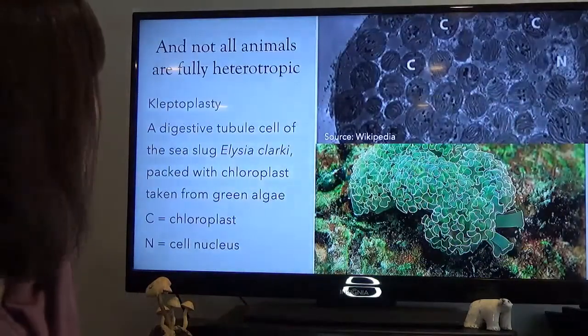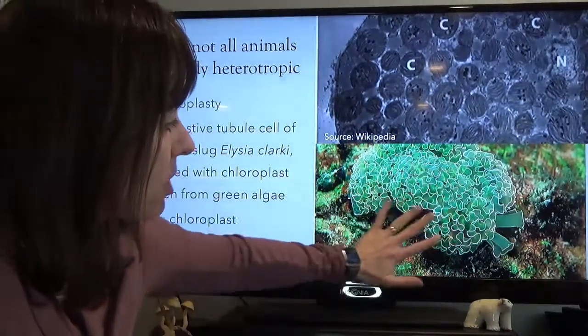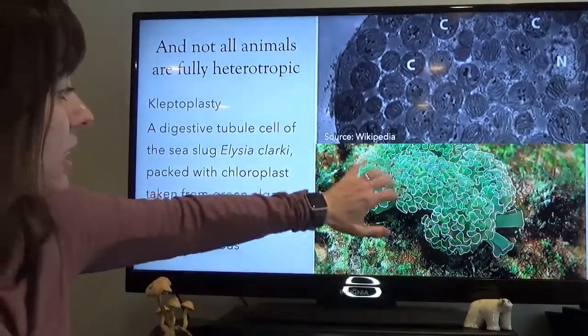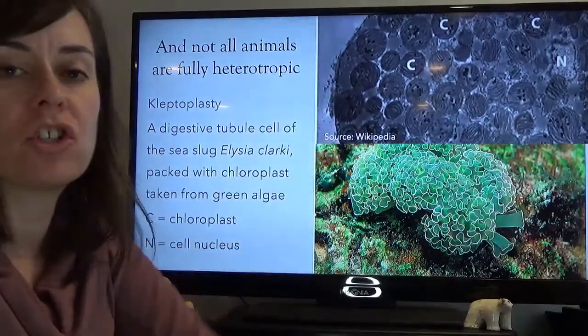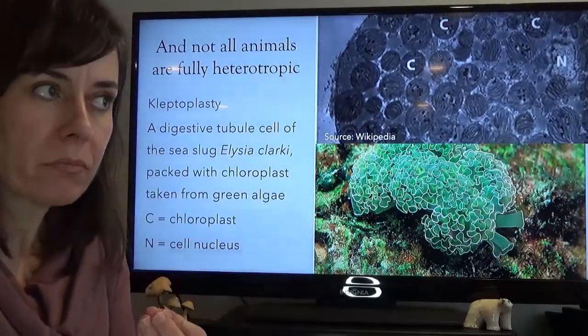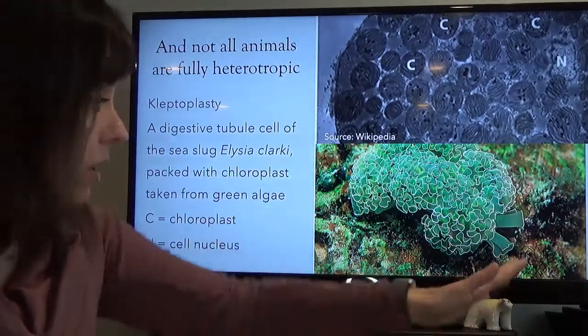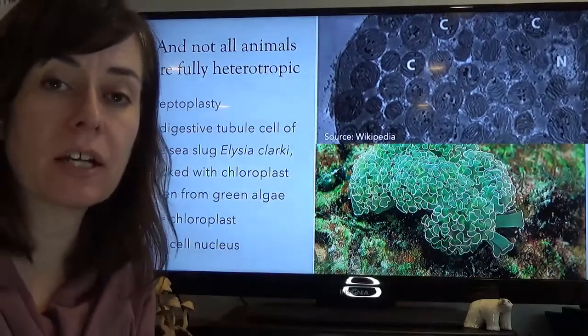And likewise, not all animals are fully heterotrophic. So this beautiful little image here from our first slide is a sea slug. This is Elysia, and they're absolutely gorgeous. What happens is that they ingest chloroplasts when they're feeding on plants in the ocean.